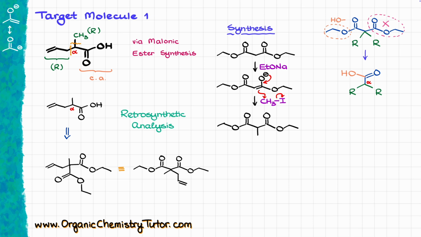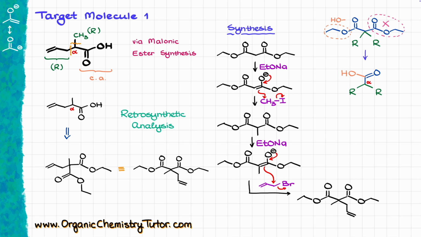Then, from this point, we are going to re-enolize our molecule, making a new enolate which is very similar to what we had before, and we are now going to introduce our second electrophile, which in this case is going to be my allyl bromide, although the halide here doesn't really matter all that much. So like in the previous case, my nucleophile is going to go ahead and react with my electrophile, adding the second alkyl group to my molecule.